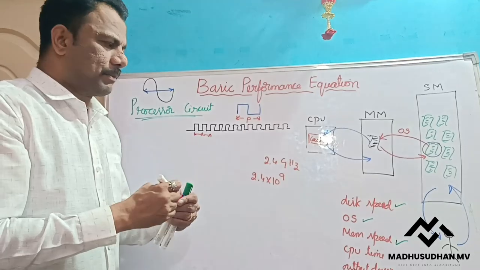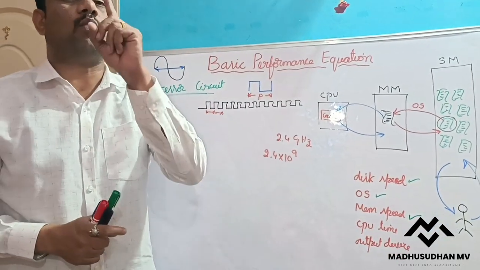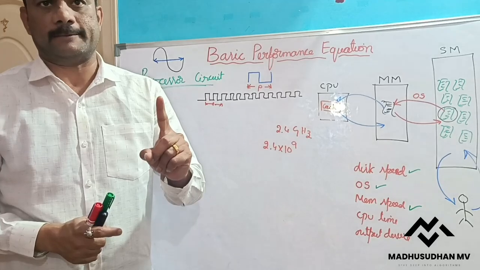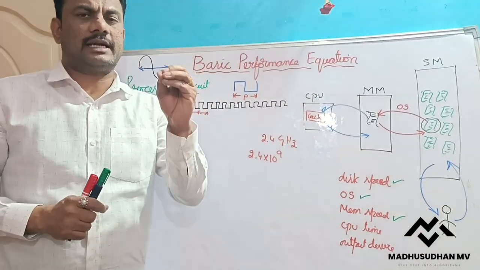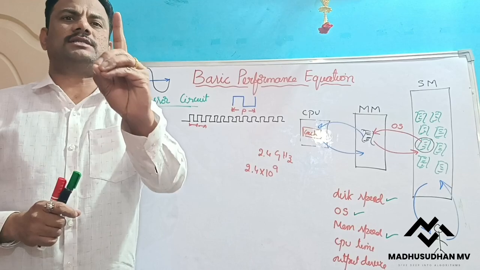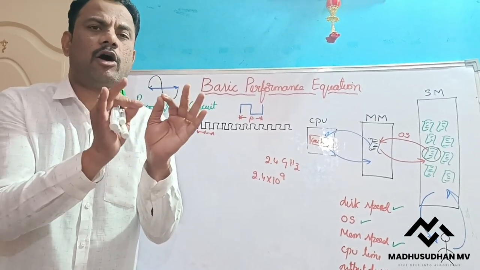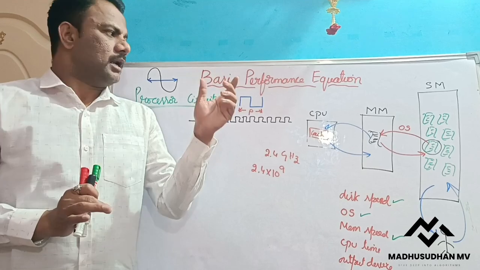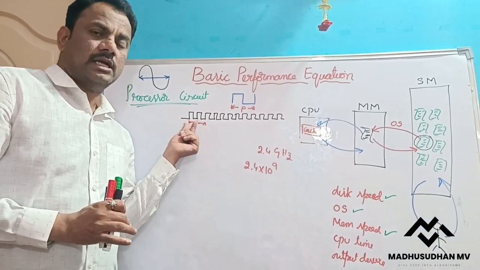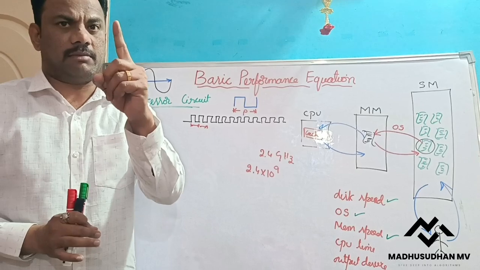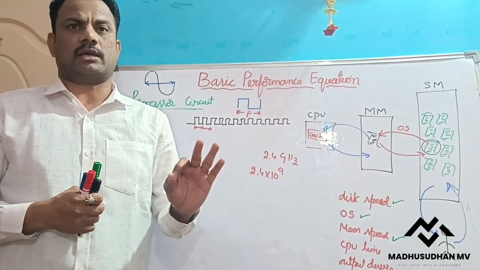That means whenever our processor is doing any operation, it has to complete one operation in one clock cycle. Suppose our processor circuit is generating 100 clock cycles in 1 second, our system can do only 100 operations in 1 second. But if it generates 1000 clock cycles in 1 second, our processor can execute 1000 operations.